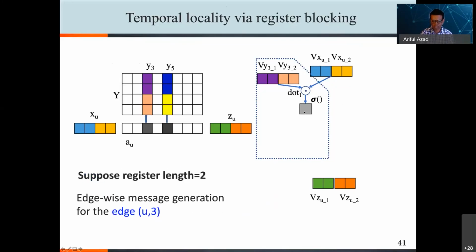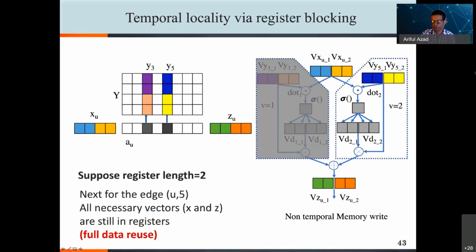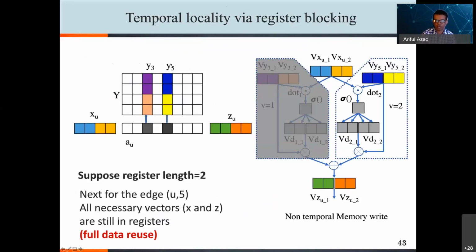So this is the message for this particular edge. Then we can partially aggregate this with the result. This is not full message aggregation; this is partial message aggregation for this particular edge. And then similarly, we can do the same operation for this edge, U5.